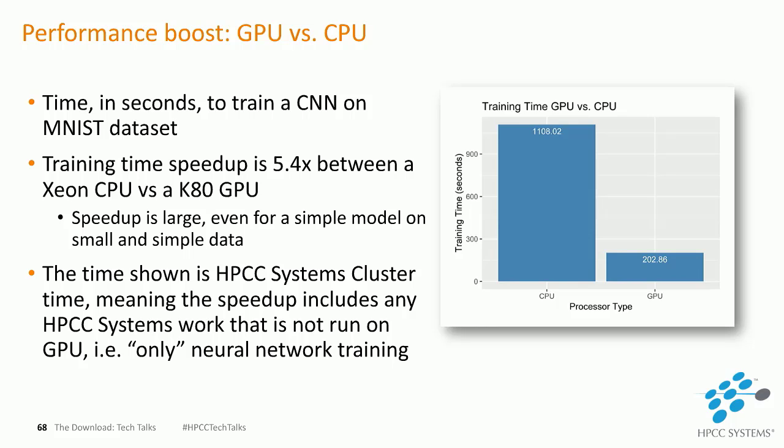So it's a 5.4-fold increase for just using one GPU. And this is on a toy model, on a toy data set. The performance increases are even greater when you have a bigger model and bigger data. So it only gets better from here.